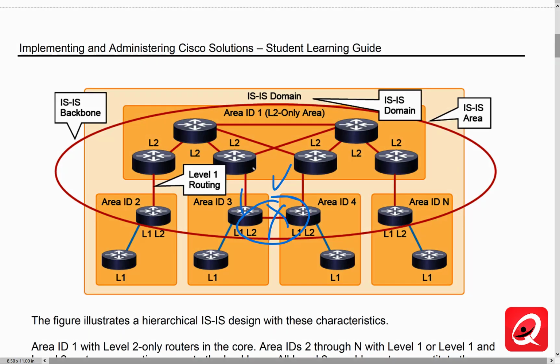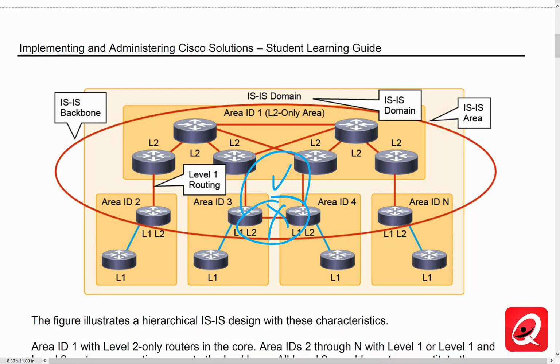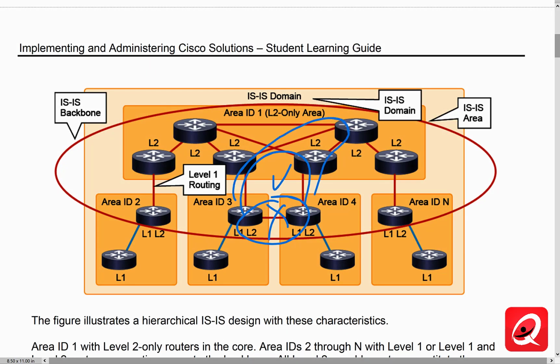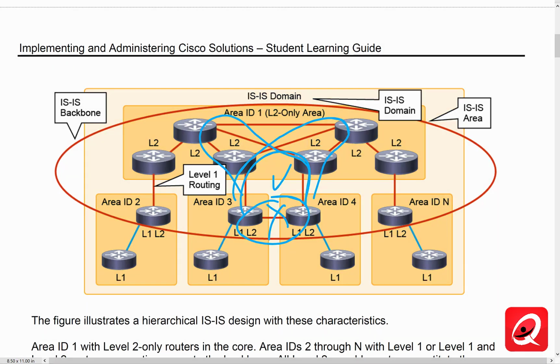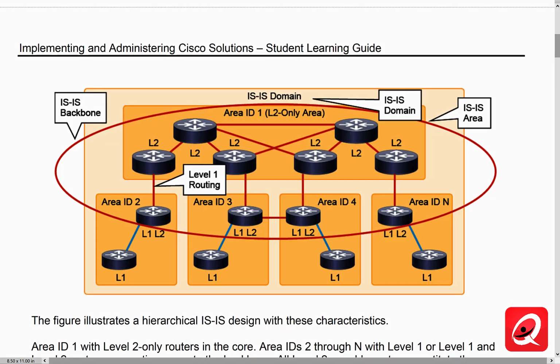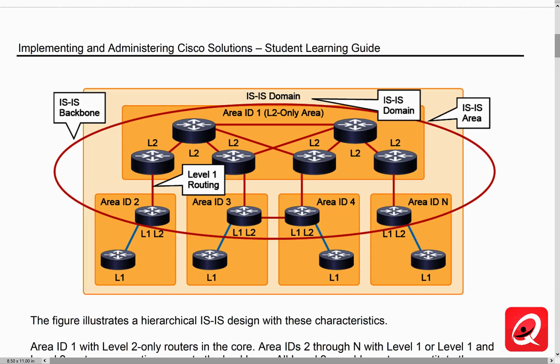If for some reason that link were to fail, then we can use an alternate path. We can actually use various alternate paths to get from one area to the next in this case. You could certainly have more than one router acting as an L2 link between other areas as well, but it's not depicted in this particular topology here.